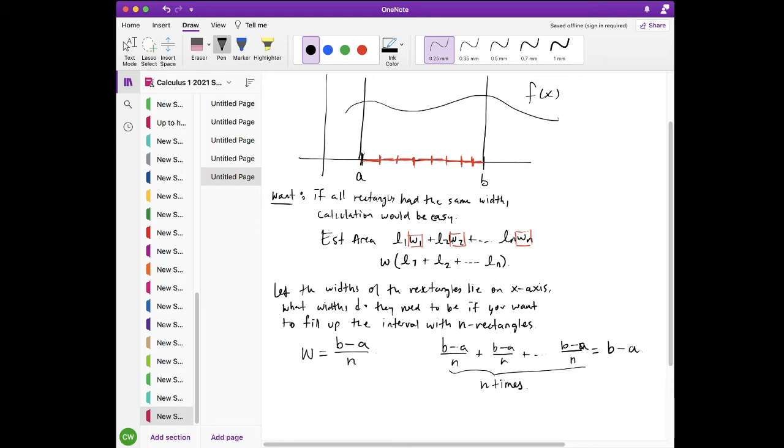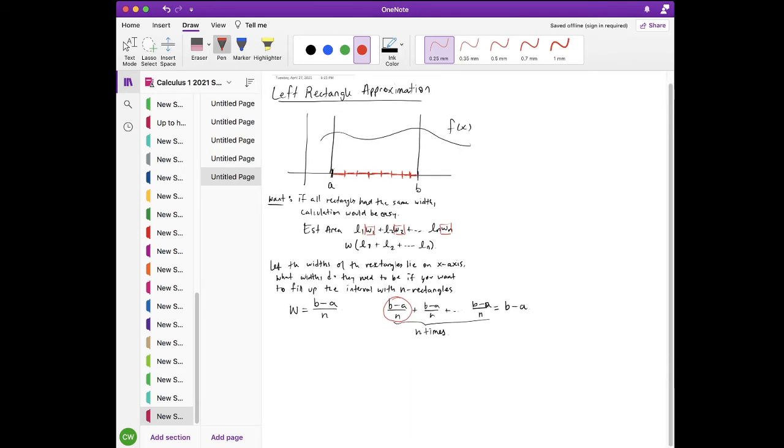So that's b minus a. And that makes sense. If you want to add up all the widths of the rectangles and you want them to evenly distribute over the interval, that verifies that b minus a over n should be the width.